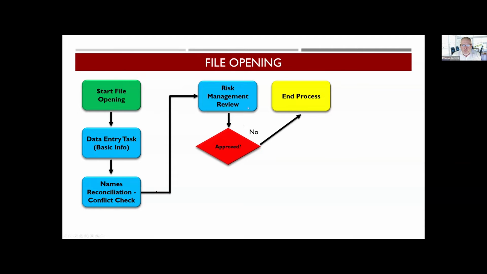Or you could add the ability for the risk management team to send this back to the billing attorney for more information. More often than not, the conflicts check is approved and you're able to move on with creating the matter. And quite frequently, I see an additional matter details task that occurs after the conflicts approval.